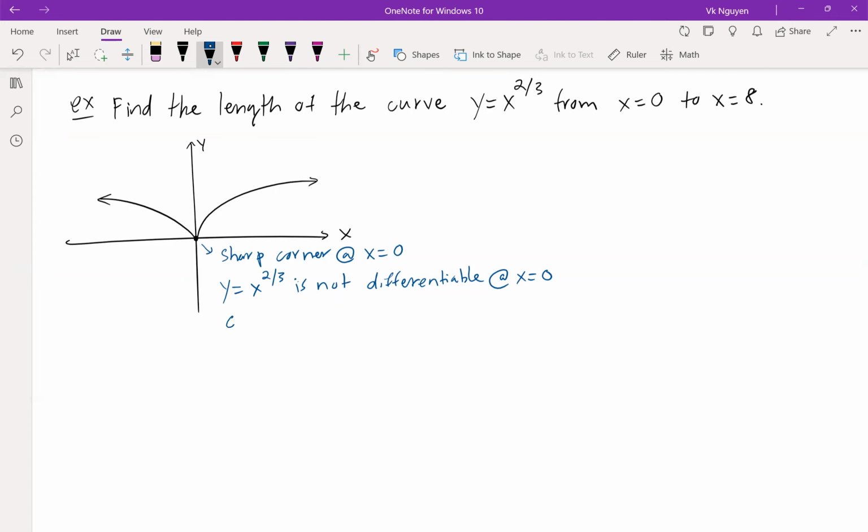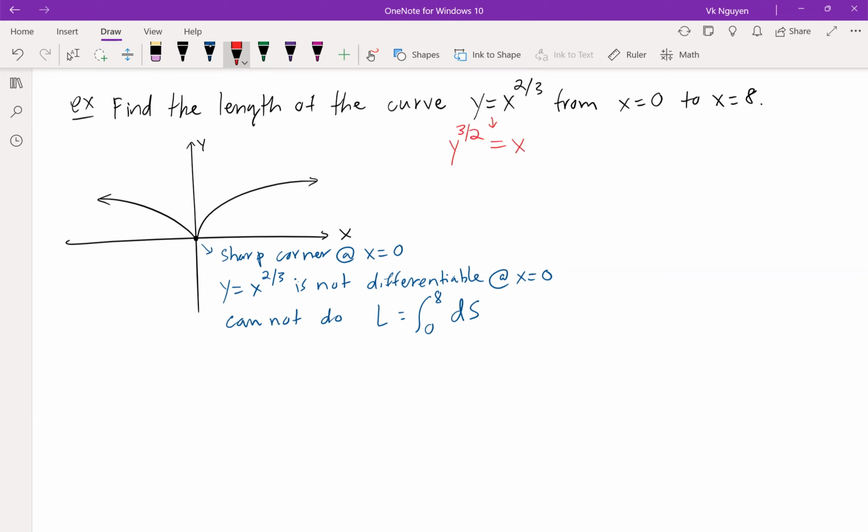We cannot do L equal integral of 0 to 8 and then ds there. We can't do this one. We got to write the function in terms of y instead. y to the power 3/2 equal x.